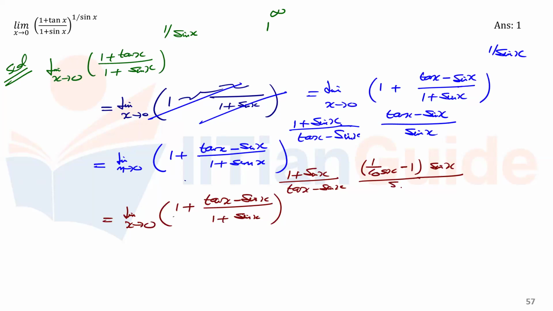Now if I put x to be 0, there is 1 upon cos 0, which is 1 by 1. 1 minus 1, that is 0. So its value is 0. It is not 0 by 0, and the denominator sin x got cancelled. So I am just writing its answer: e power 1, the first term, multiplied by the second term, 0. And I am getting e power 0, that is 1.